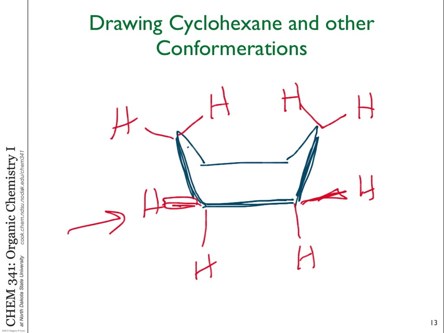What would the angle be from this hydrogen on front and this hydrogen on front? They're eclipsing now, right? So what have we done? We've increased the torsional strain in this particular conformation. These two bonds that are going down here, those are eclipsing.